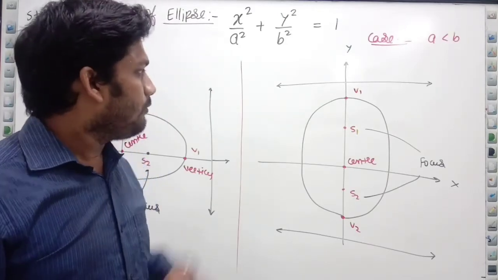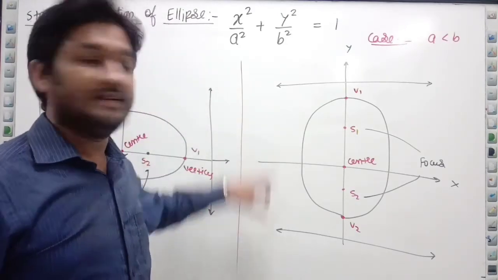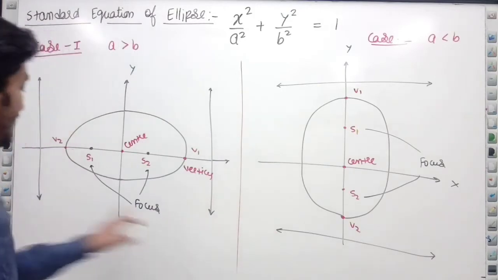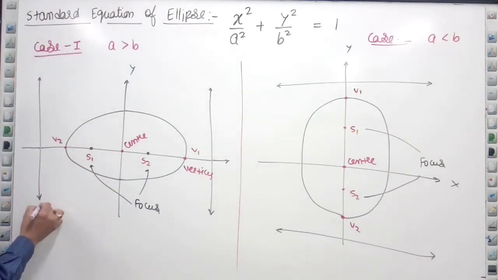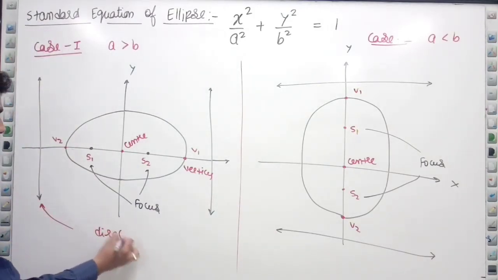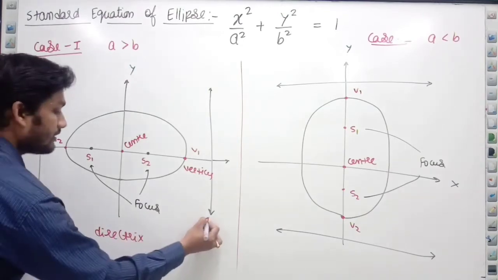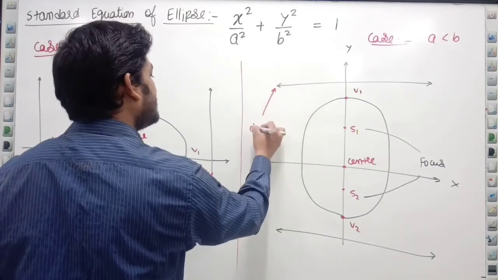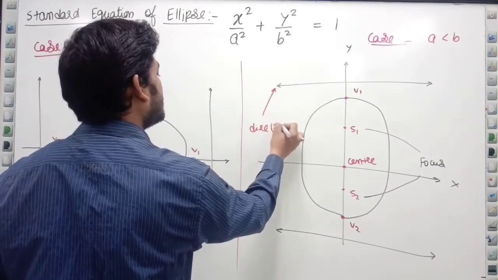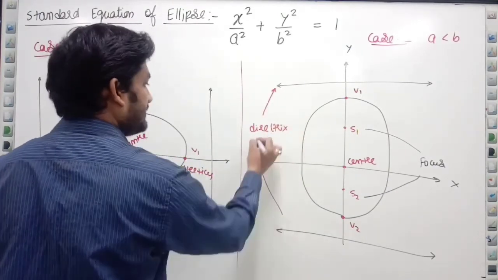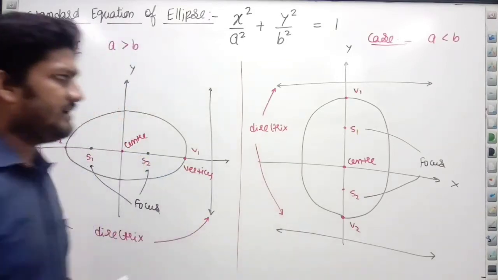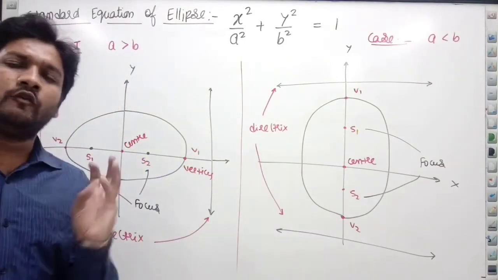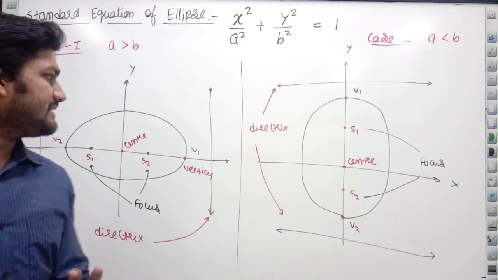Now we have two lines, and these two lines are called directrix. Here the directrix is this. This is the directrix. So these are the main things: focus, vertices, center, directrix.